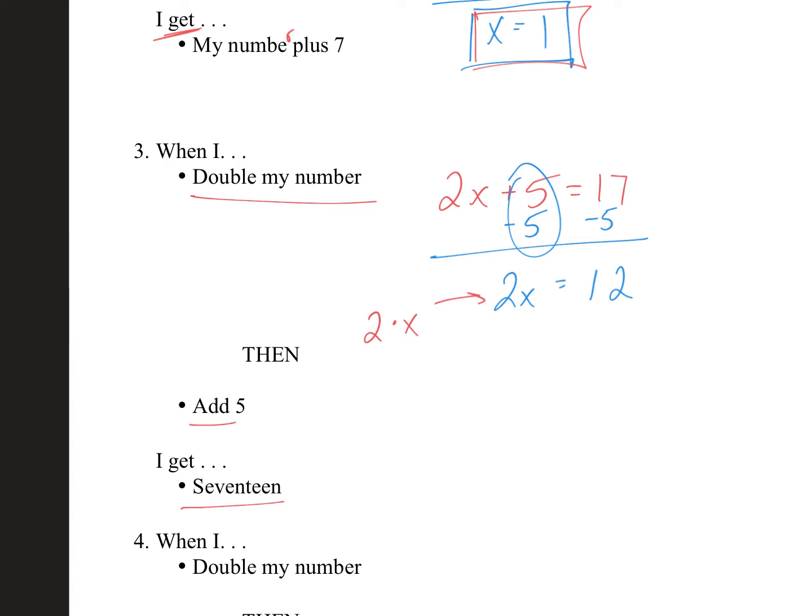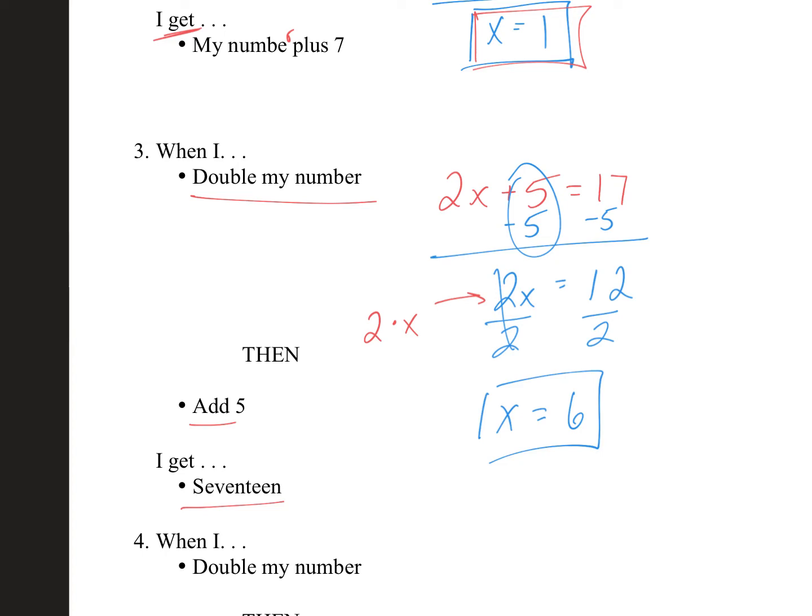Before, we used the division symbol like that, but we can also use fractions. So we can also write it like a fraction. So divide by 2 on both sides. 2 divided by 2 is just 1. So 2x divided by 2 is just x. And then 12 divided by 2 is 6.